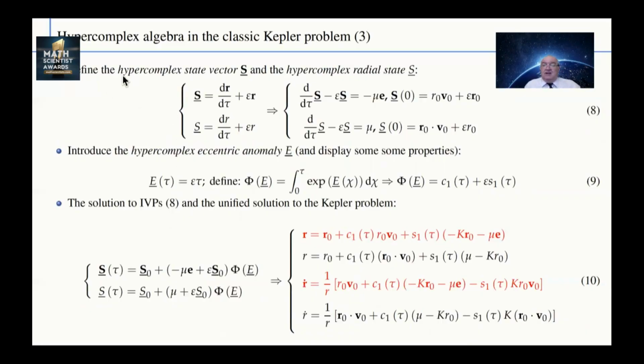We define the hypercomplex state vector and hypercomplex radial state, with time replaced by fictitious time tau. This is the real part, and this is the imaginary part of state vector, and we introduce a hypercomplex eccentric anomaly by this relation, and obtain this result.